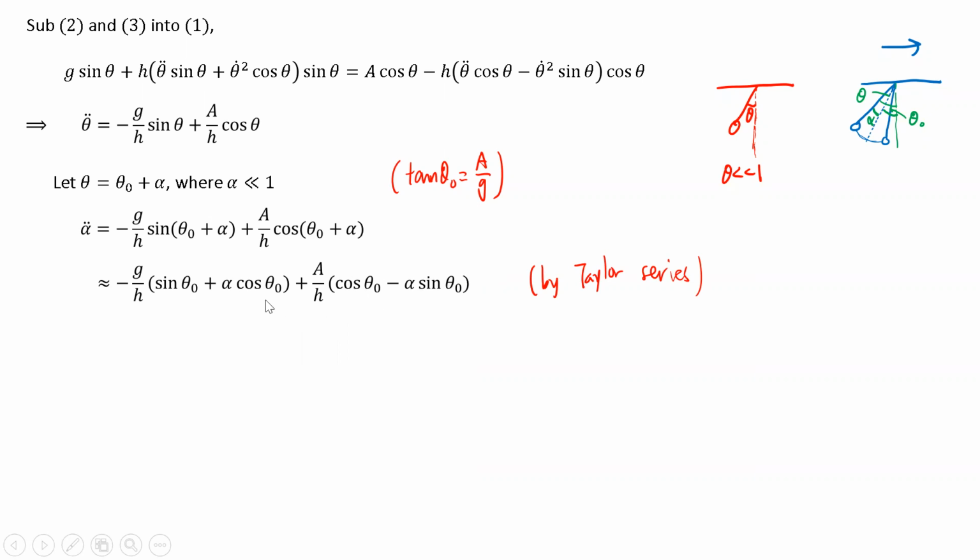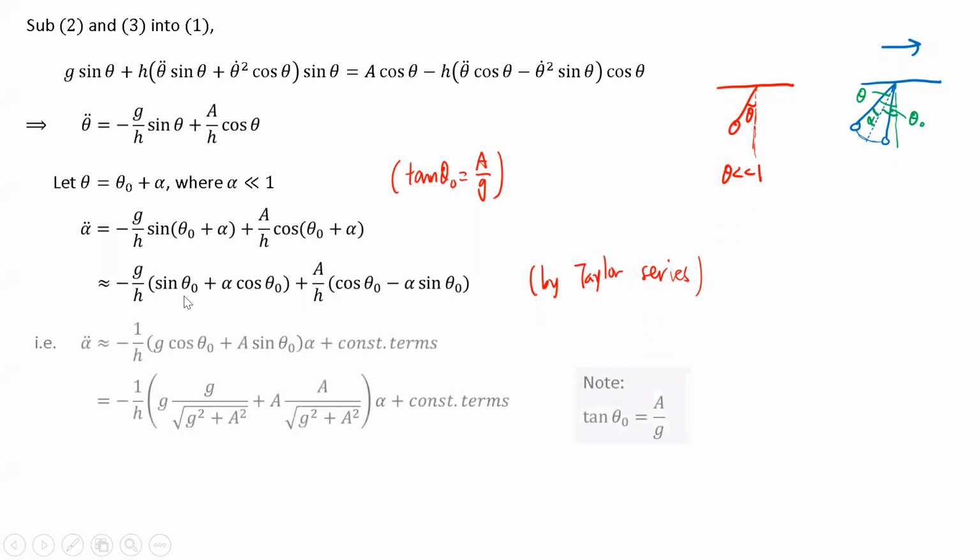Drop the terms of alpha squared and any higher order term. Then, grouping terms, I'm going to group the terms with alpha together, plus other constant terms.